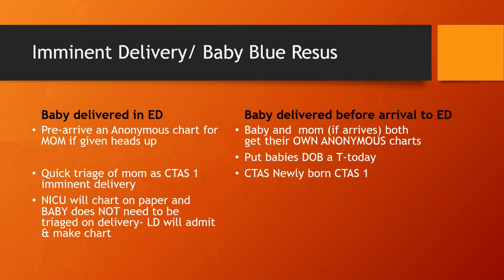When the baby gets delivered, the baby ends up being a little attached entity to mom's anonymous chart. So within mom's chart, you can create baby delivered, gender, time, all that kind of stuff underneath mom's chart. Later, up in L&D, they will separate and register baby as they would do and create 2 charts. That is not our problem.